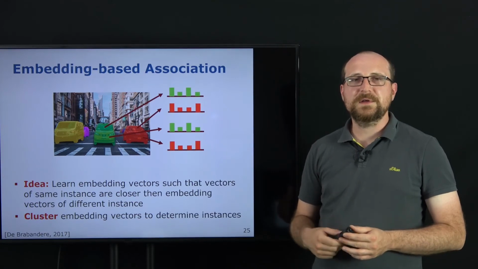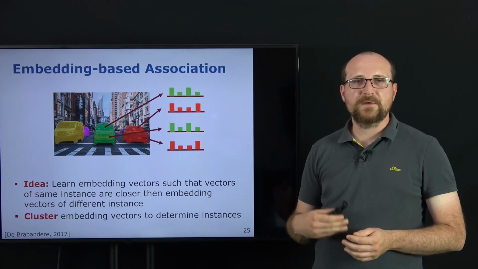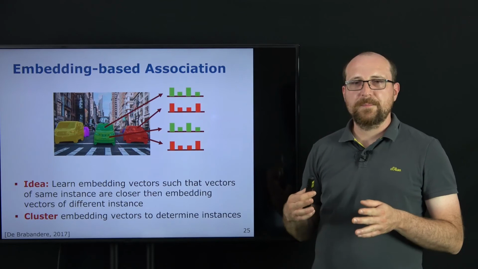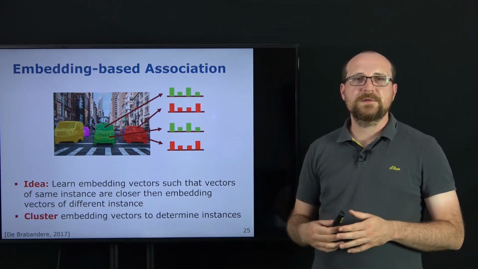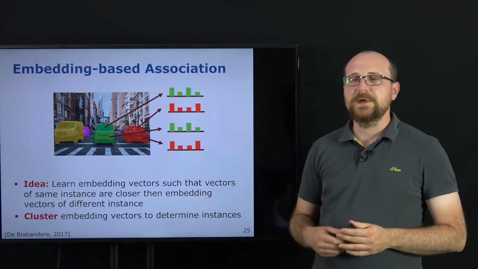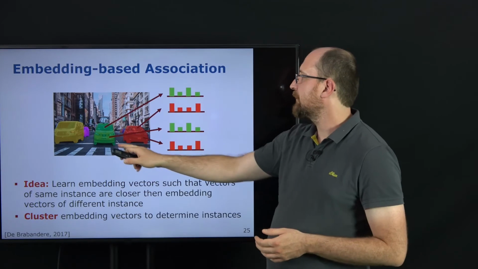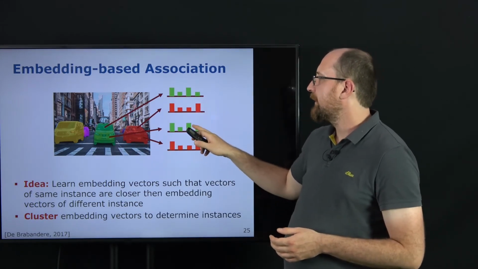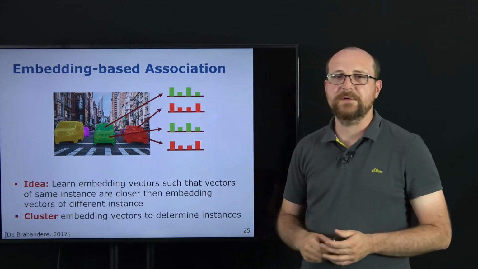The idea is that for different instances, we produce embedding vectors for each pixel, such that embedding vectors of pixels that belong to the same instance have a smaller distance than embedding vectors of different instances, as shown here. So 2 different pixels of the same instance produce embedding vectors that are very close together, while embedding vectors of different instances should lie farther away.